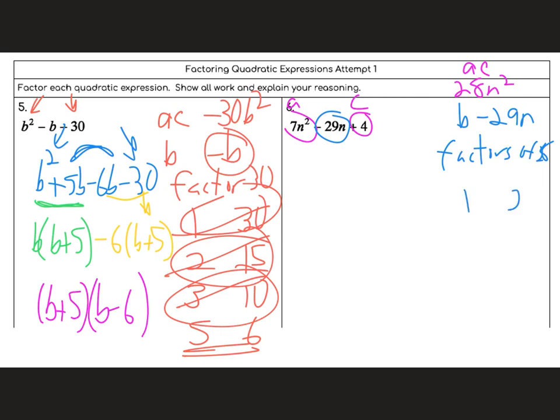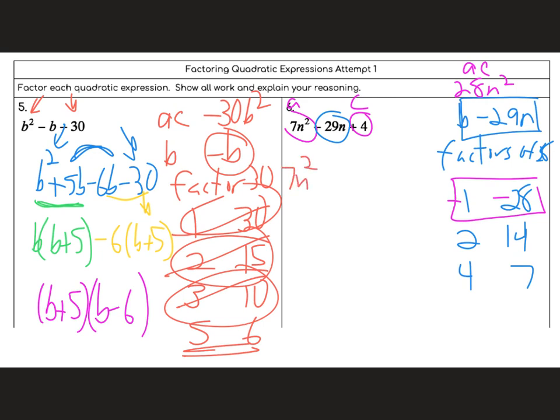So 1 and 28, 2 and 14, 3 doesn't work, 4 and 7, 5 doesn't, oh, I'm done. And I need to add to negative 29. I'm going to choose these ones because negative 1 and negative 28 makes negative 29. Keep in mind the 7n squared and the 4 stay the same. The negative 1n and the negative 28n, those are different.